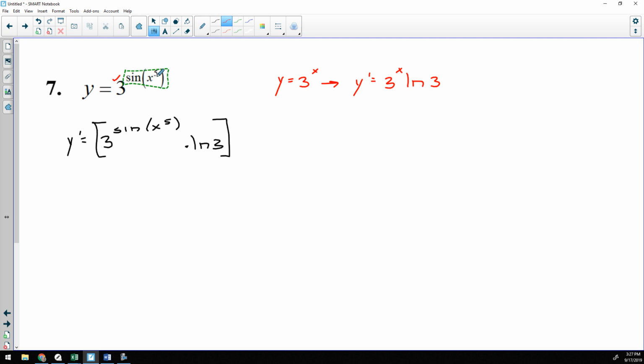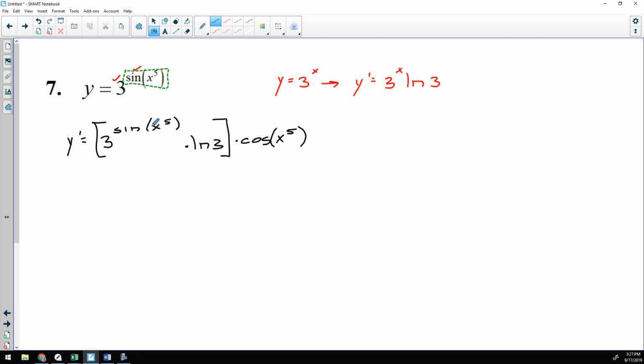So instead of sine x, it's sine of stuff. I'm going to start by doing the derivative of the sine, and the derivative of sine is cosine. And so that does the derivative of the sine part, but again, we don't touch the inside. You only do one little layer at a time.